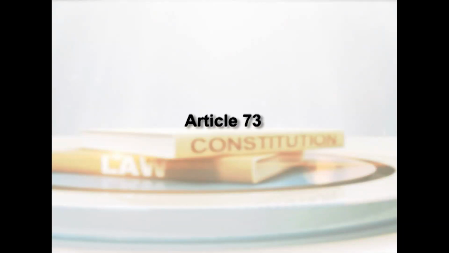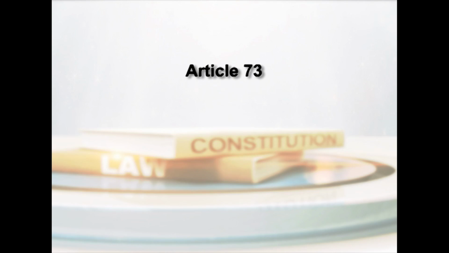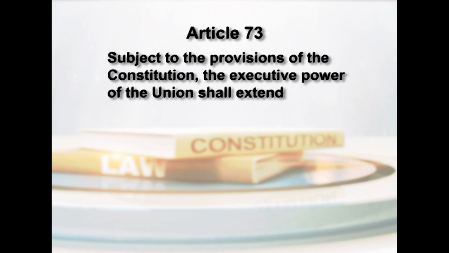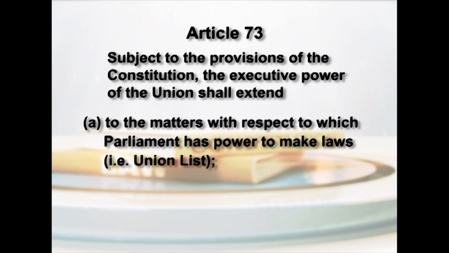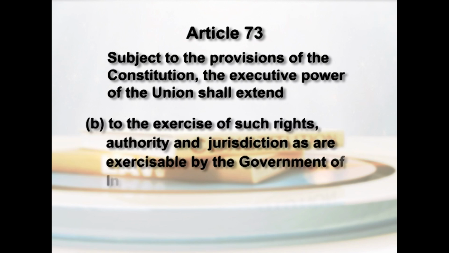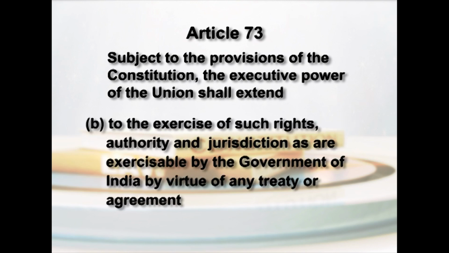Let's turn our eyes on Article 73. Article 73 says that subject to the provisions of the Constitution, the executive power of the Union shall extend to the matters with respect to which the Parliament has the power to make laws, that is, the Union list, and to the exercise of such rights, authority and jurisdiction as are exercisable by the Government of India by virtue of any treaty or agreement.